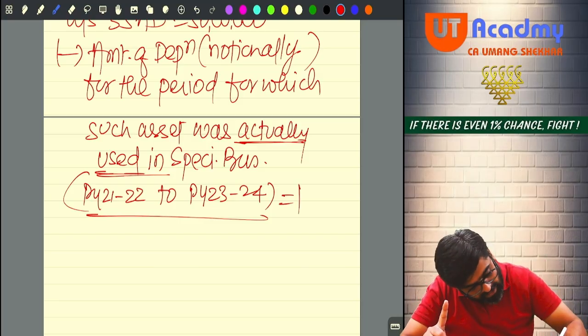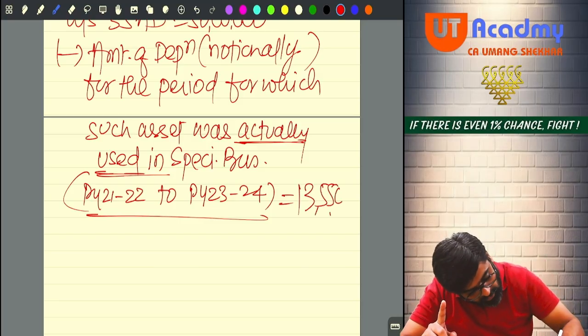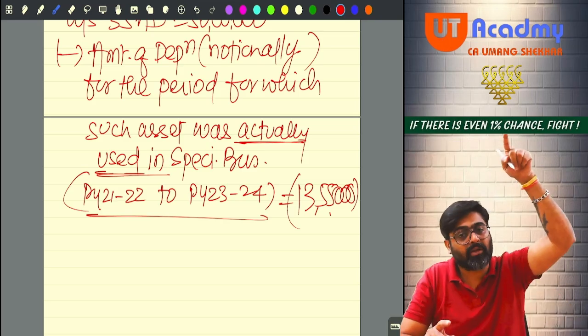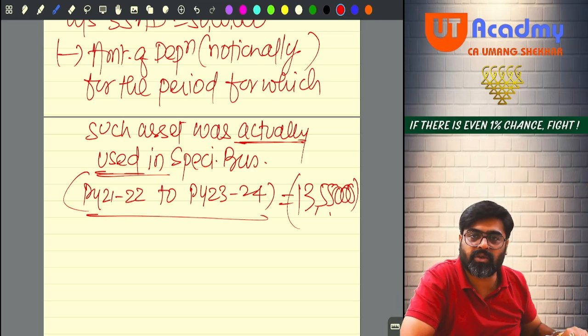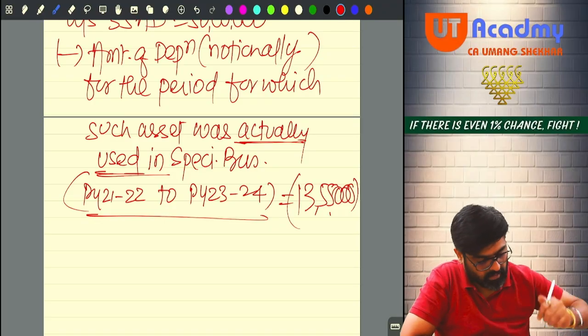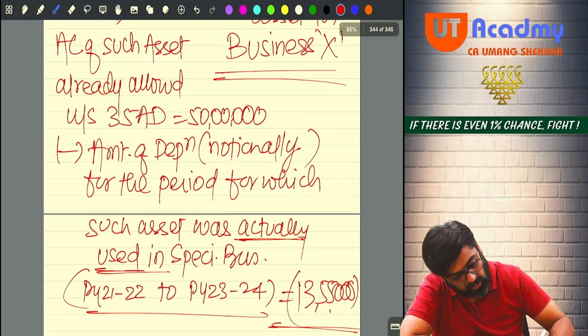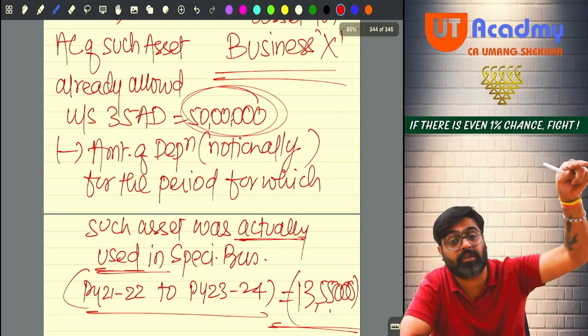So that 13 lakh 55,000 out of that cost of 50 lakhs we would have allowed in these 3 years in the form of depreciation only, no? Reduce that amount out of the 50 lakhs which we allowed under section 35AD.